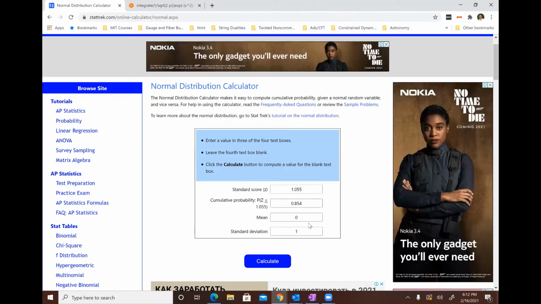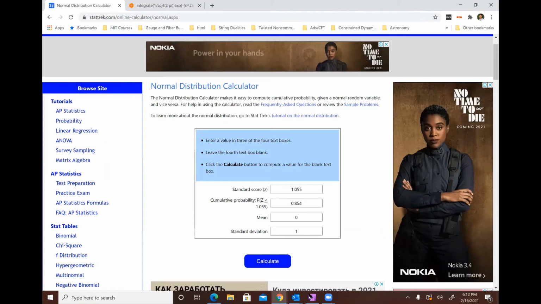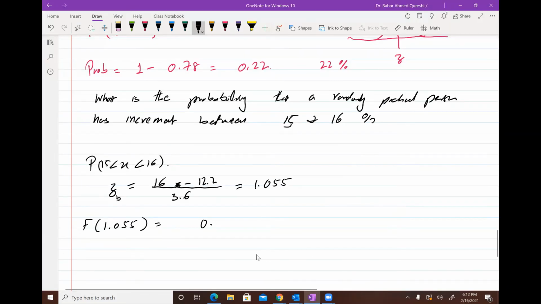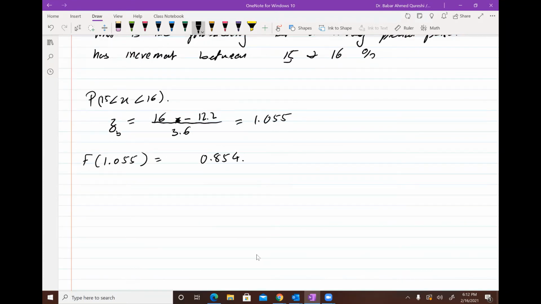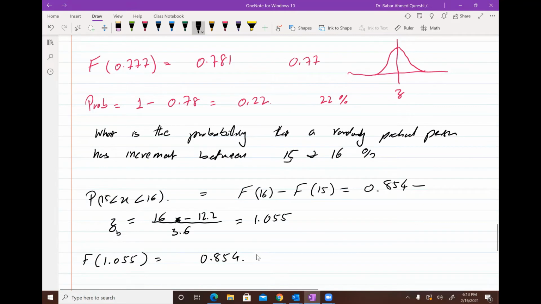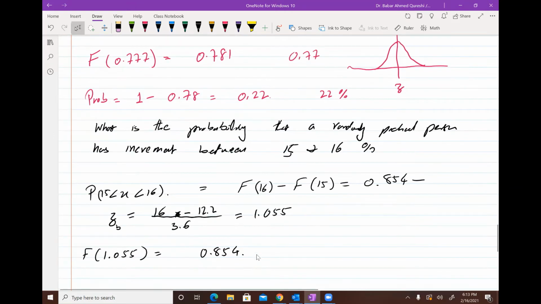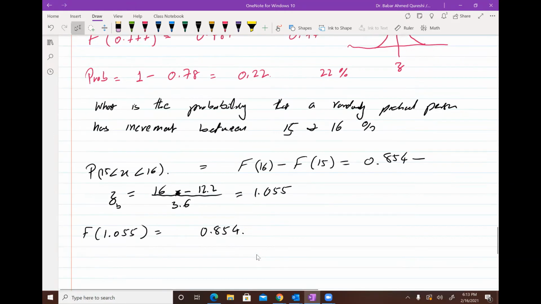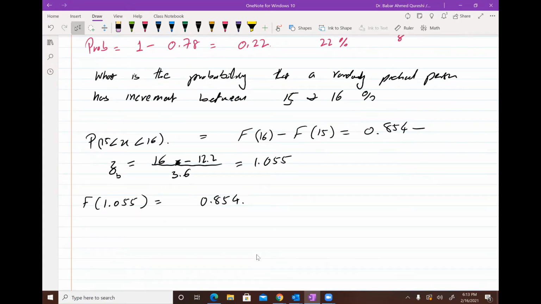It's 0.854, which is close to what I looked up in the table. Now, this probability is equal to the probability of it being up to 16 minus the probability of it being up to 15. So it's just 0.854 minus this number, 0.78.